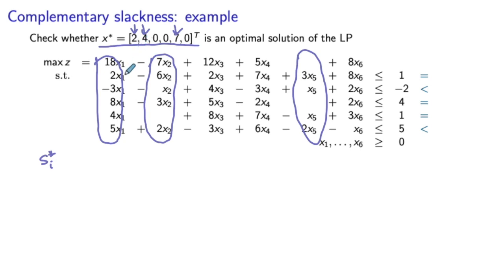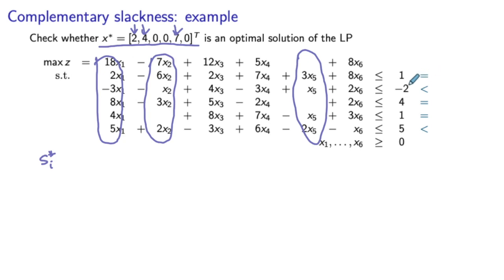When I plug in 2, 4, and 7, we'll have 4 here, minus 24 is negative 20, and then plus 3 times 7, 21, negative 20 plus 21 is 1, which is exactly equal to the right-hand side. So we have the equality here at the optimum, so the corresponding slack variable is 0.